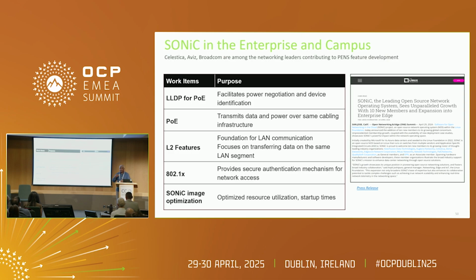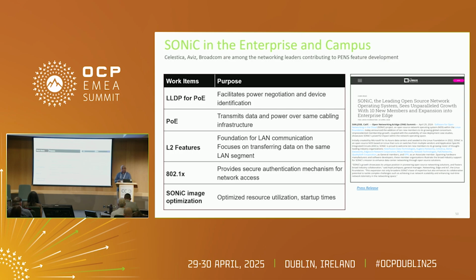So there are needs there. And then we have folks in the audience that have been working on optimizing SONiC for the enterprise, to make it a lighter layer of SONiC, because again, there's some heavy lifting that's required in the data center. Those same features and depth of software are not necessarily needed in the campus. So there's a lot of activity going on in the PENS group, and you can see that there's more interest from vendors getting involved in PENS, which is a really good thing.